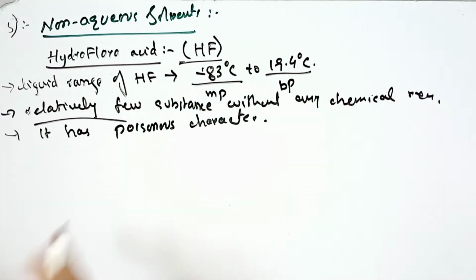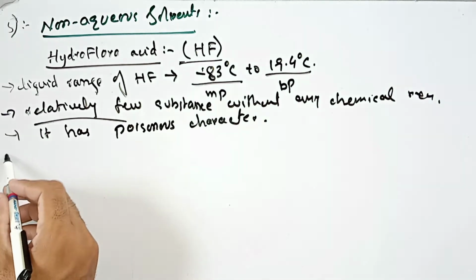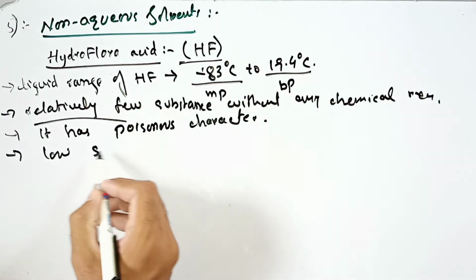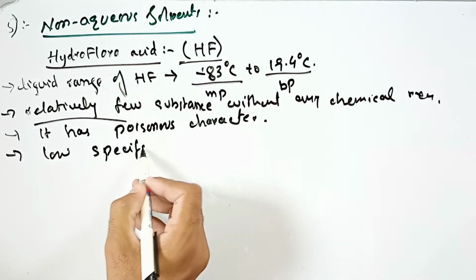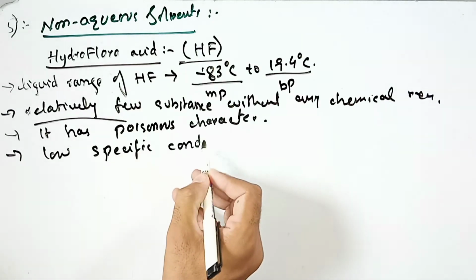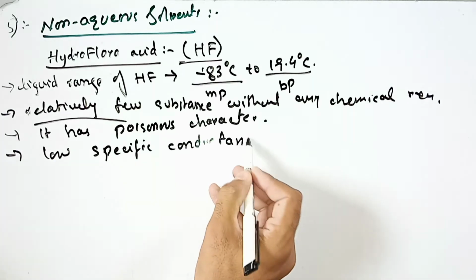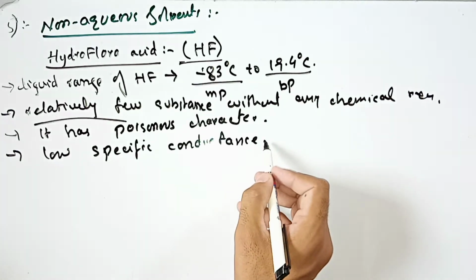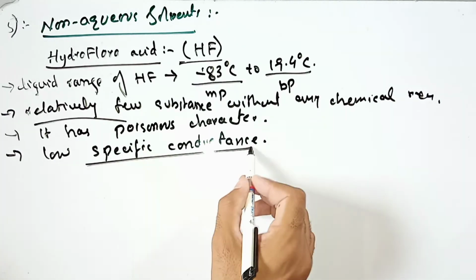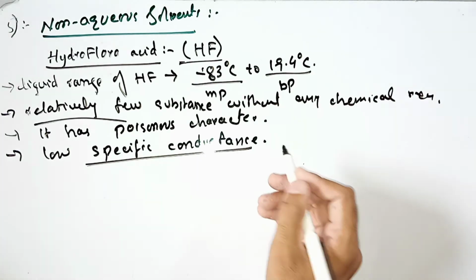Although HF has rather low specific conductance, what is meant by specific conductance? Specific conductance is the ability of a substance to conduct electricity.